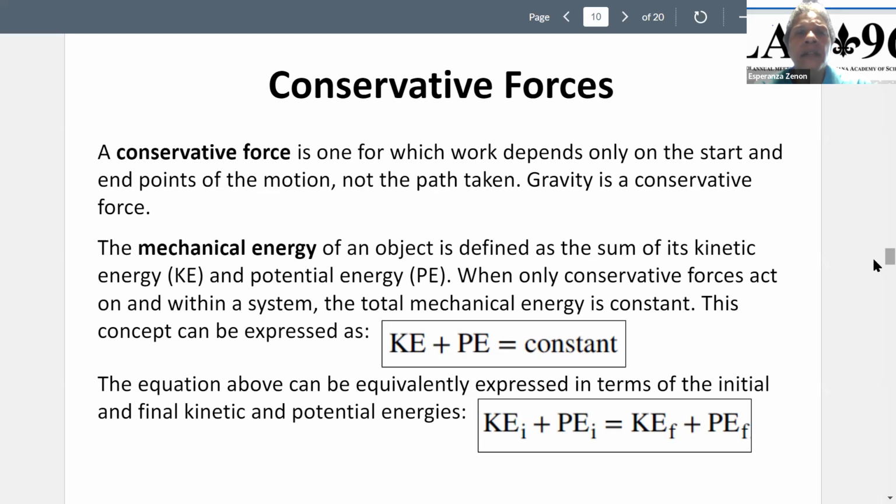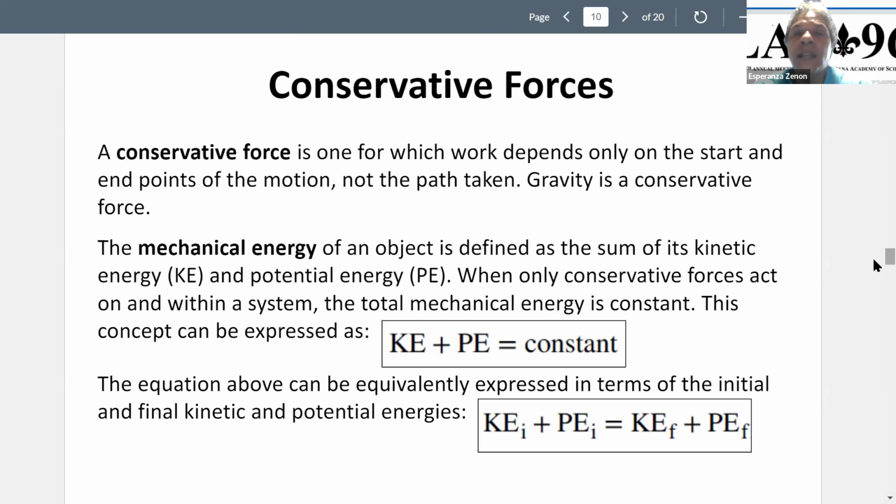So now let's look at this idea of a conservative force. Gravity is a conservative force, meaning the work done doesn't depend on where you start and it doesn't depend on the path that you take to do work. It depends only on the start and end points, okay?